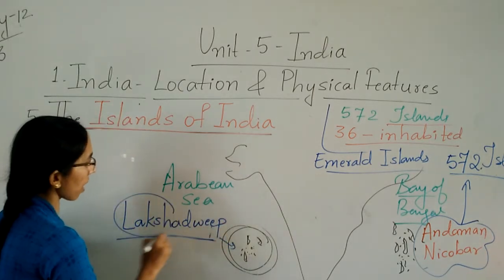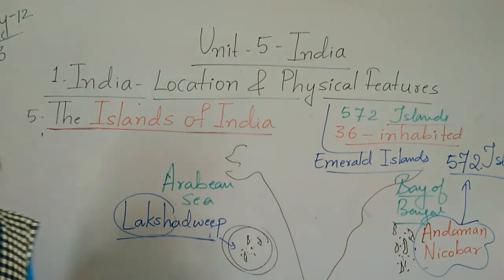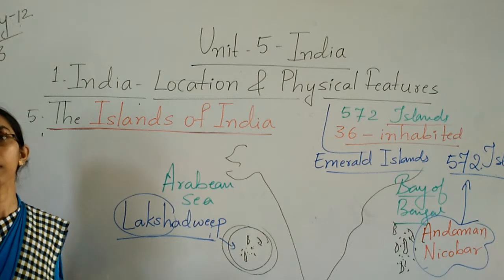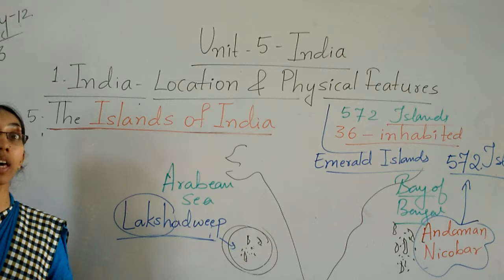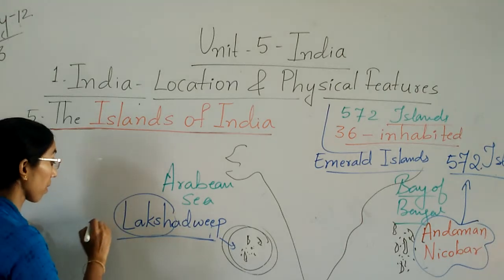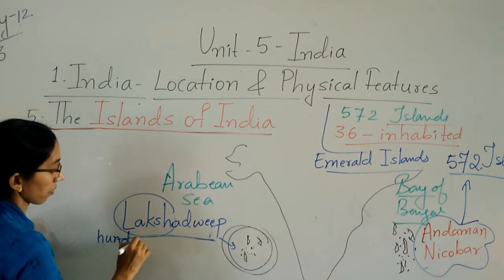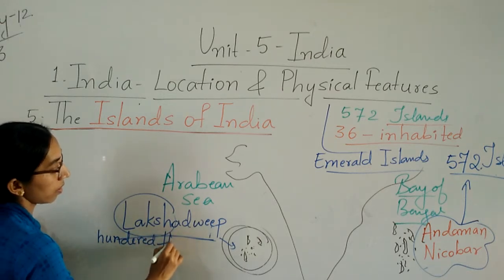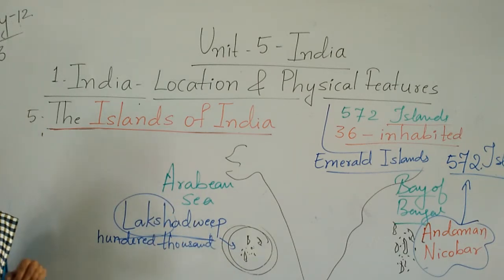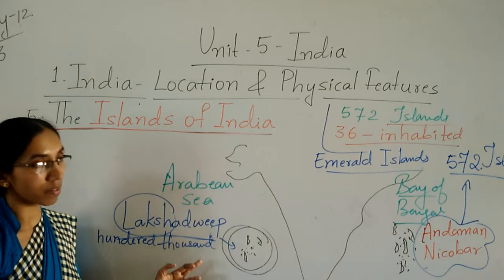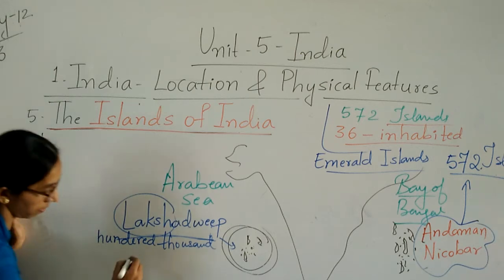Laksh means 100,000. So 100,000 islands are called the Lakshadweep Islands.